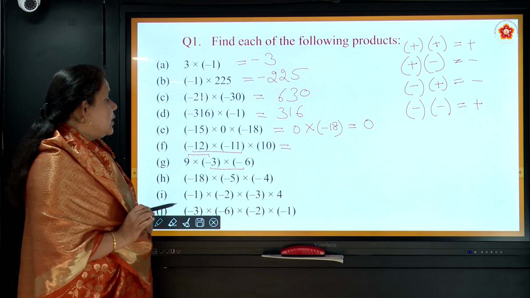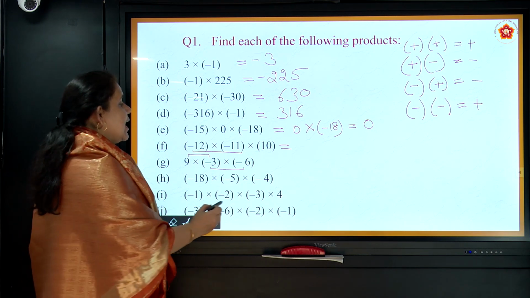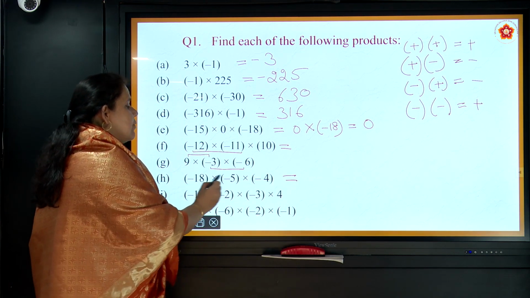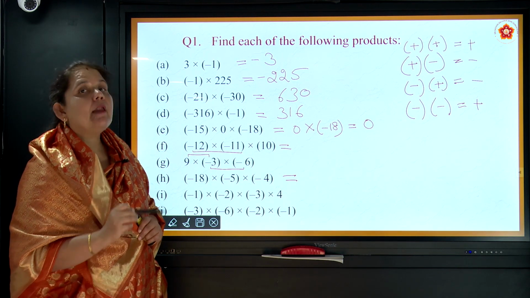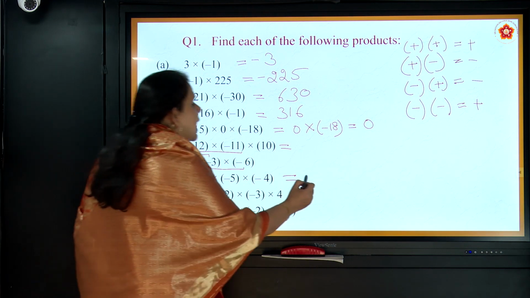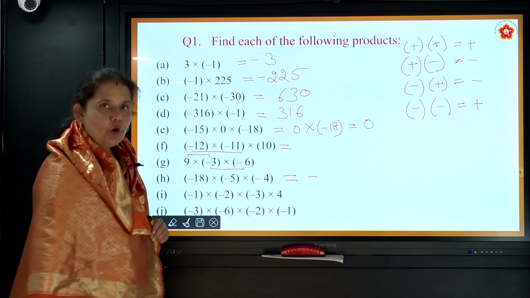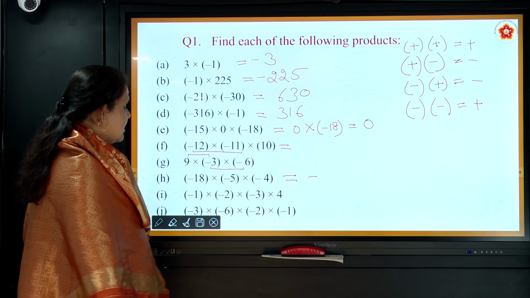H part, we have got three negative numbers. When we have got three negative numbers, product of any two of them will be positive. And when we multiply with the third number, which is negative, our answer will be negative. So multiply all three of them, answer will come negative.